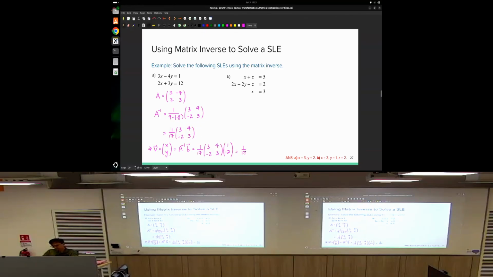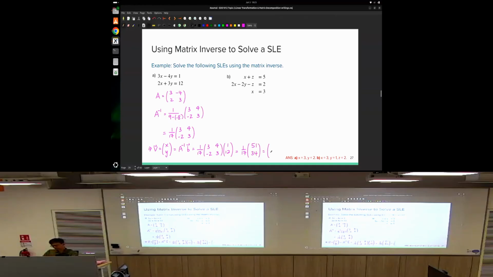Then you take the 1 over 17. You can do the matrix multiplication first. So this is going to be 3 times 1 plus 4 times 12, so that's 3 plus 48, you get 51. Then the other element will be minus 2 times 1 plus 3 times 12, so 36 minus 2, you get 34.